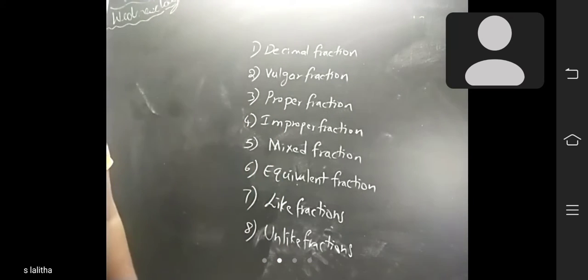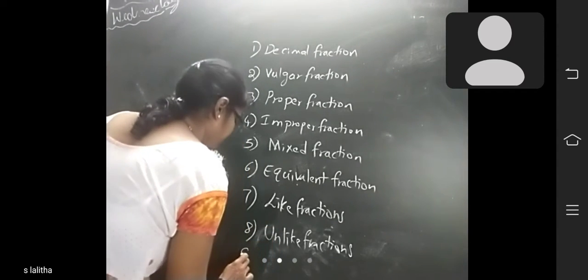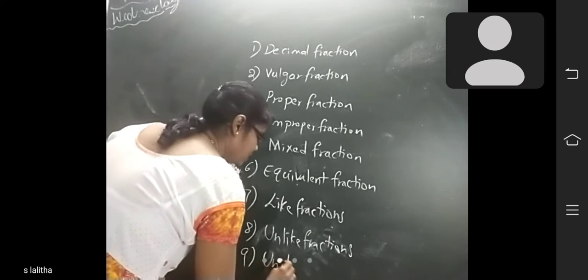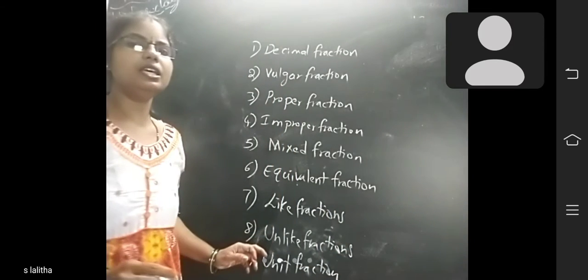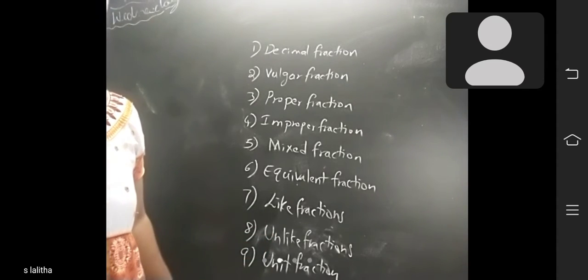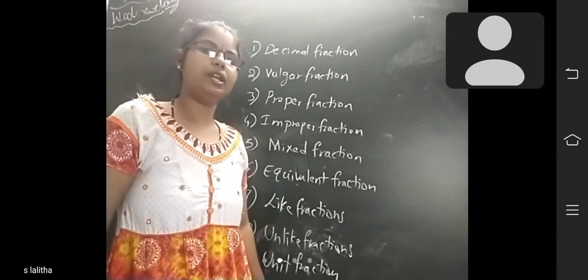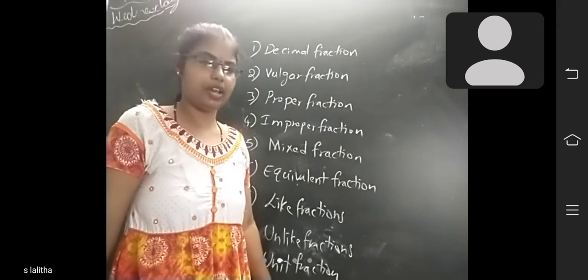Okay, next one, unit fraction. What are called unit fractions? Fractions with the numerator as 1 are called unit fractions.